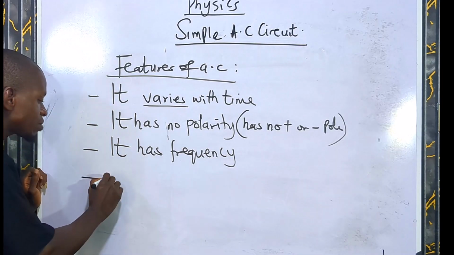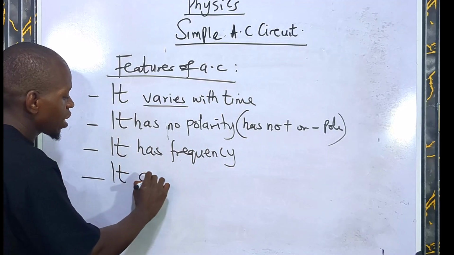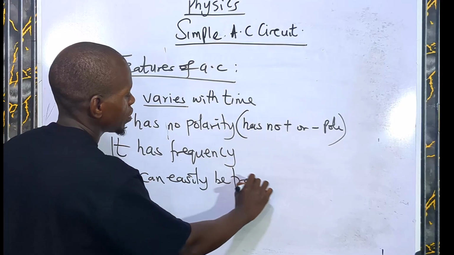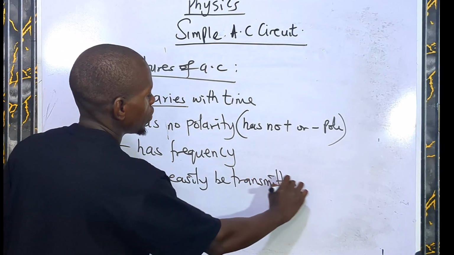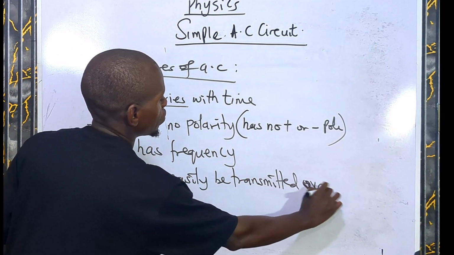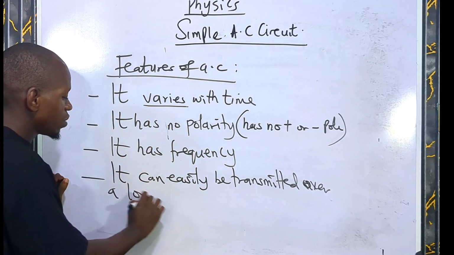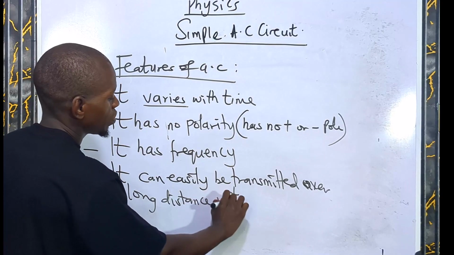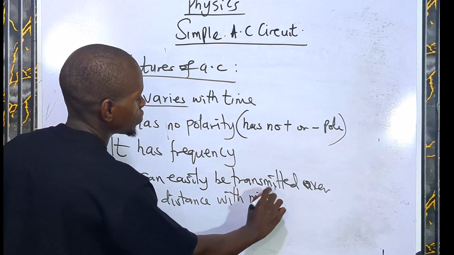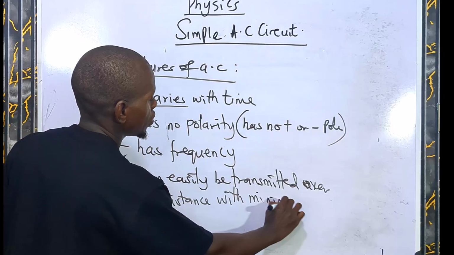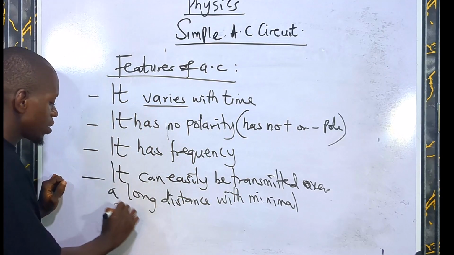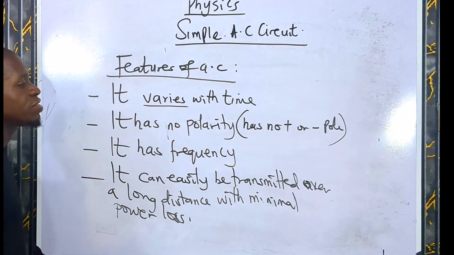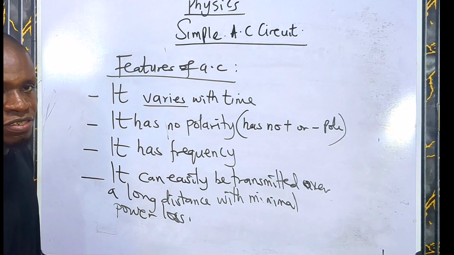So it can easily be transmitted over a long distance with minimal power loss. This is another feature alternating current has.